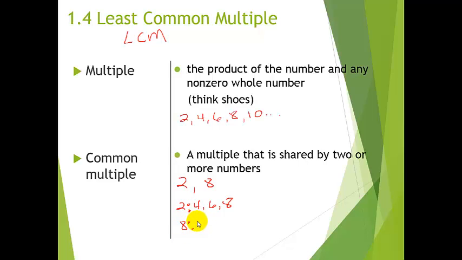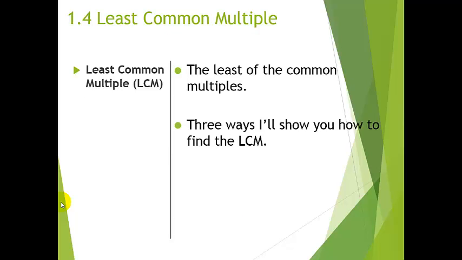So I should put a 2 in here, because that's 8 times 1. 8 times 2 is 16. But I don't need to go any further because here's my common multiple. And there will be others, but that's the least common multiple. So the least of the common multiples is what we call the LCM.